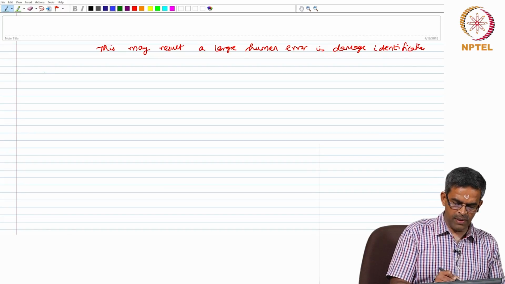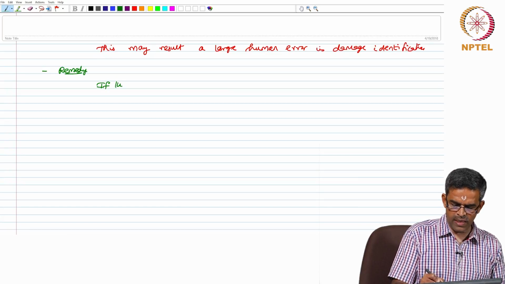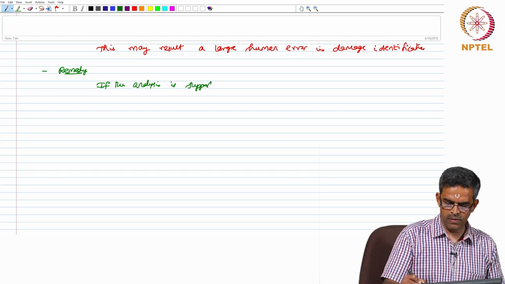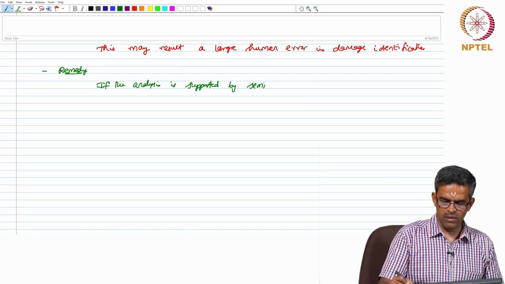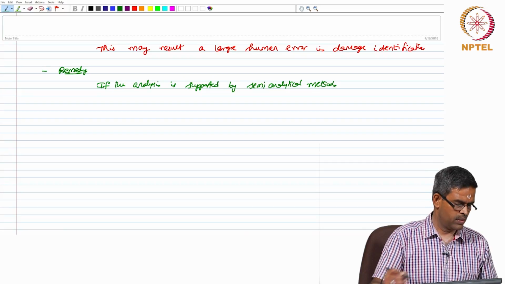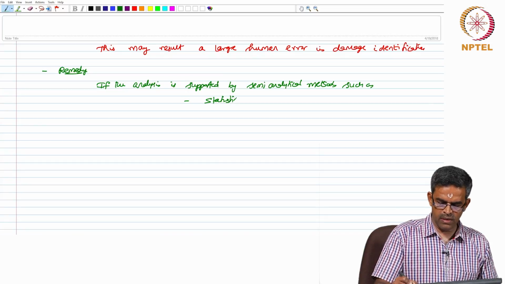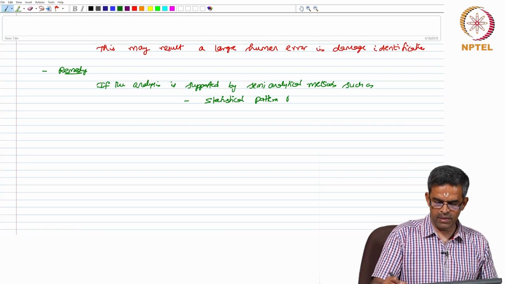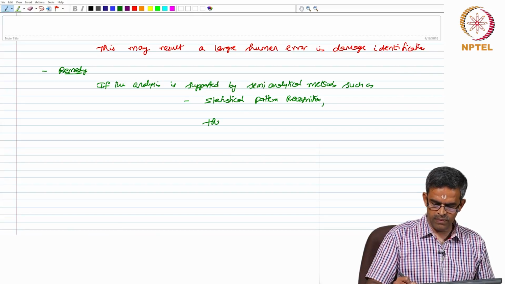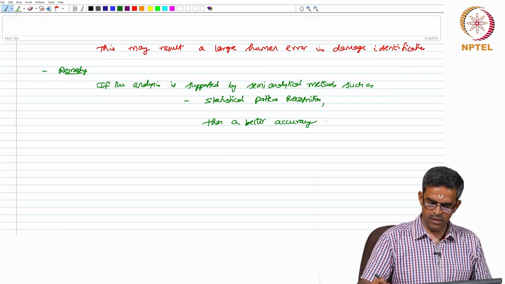But there is a remedy for this. The remedy is if the analysis is supported by semi analytical methods such as statistical pattern recognition, then a better accuracy can be seen.